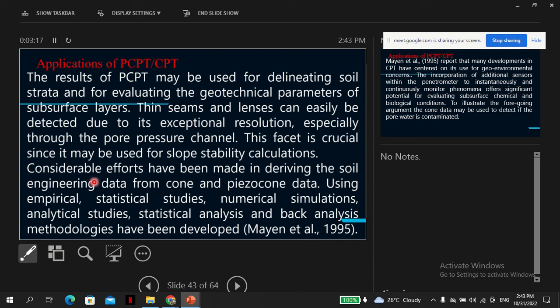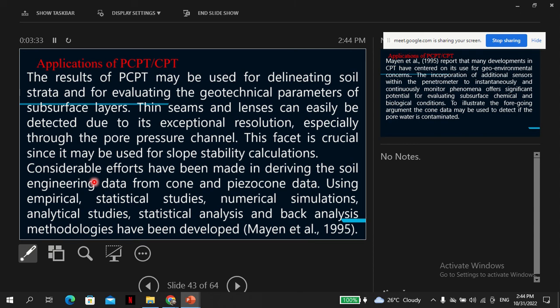Considerable efforts have been made in deriving the soil engineering data from cone and piezocone data using empirical statistical studies, numerical simulations, analytical studies, statistical analysis, and back analysis methodologies.